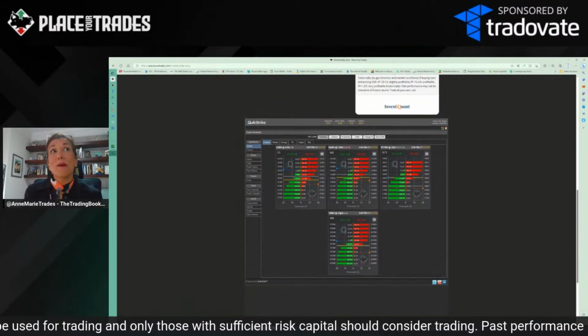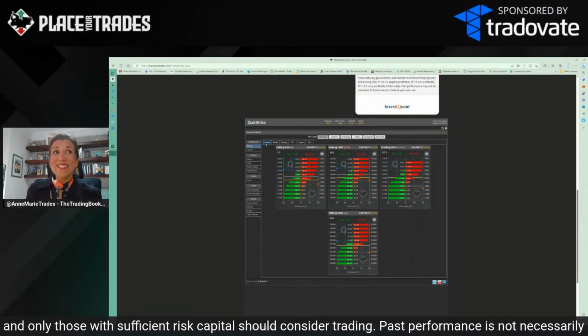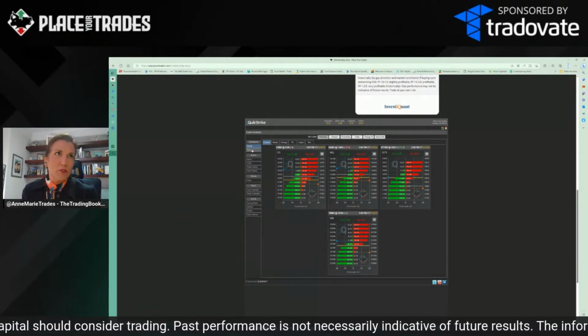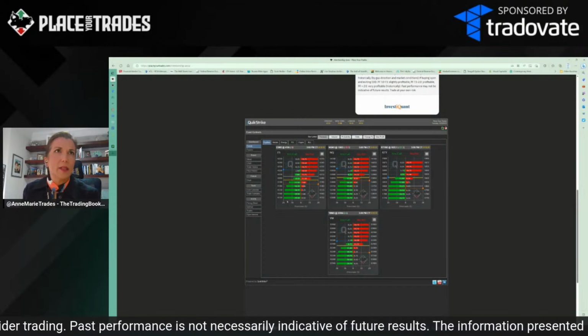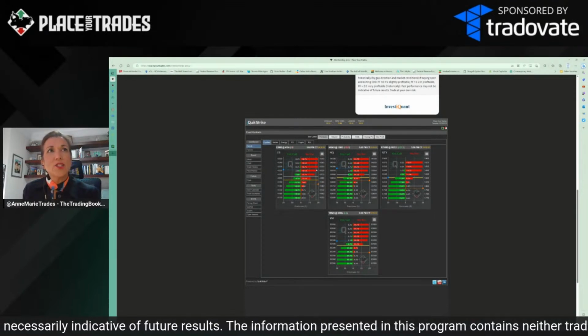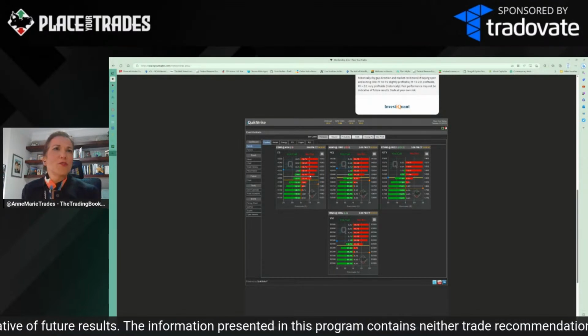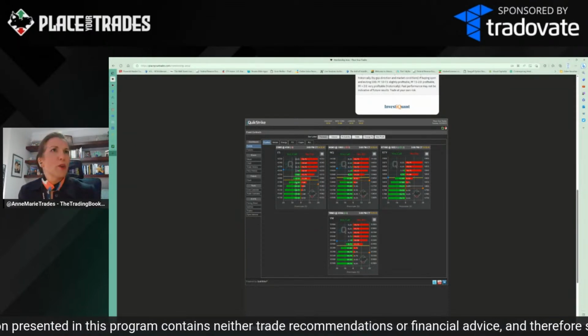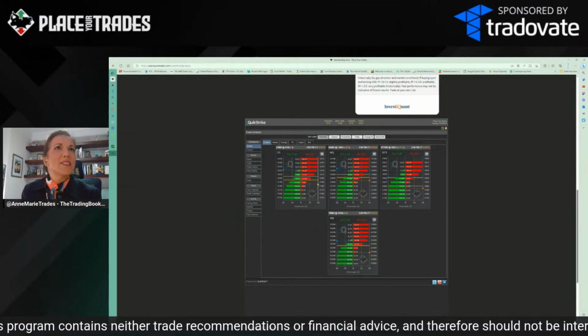Now, here is one of my favorite toys. These look at the event contracts and the futures. And these event contracts are simply yes or no's in terms of where we think the market will go. So right now we are at 41.94 in the ES.